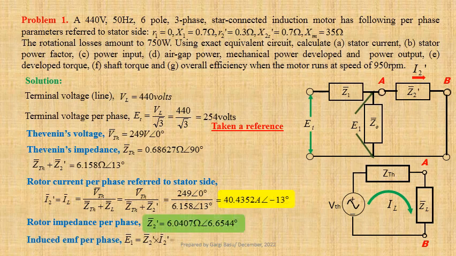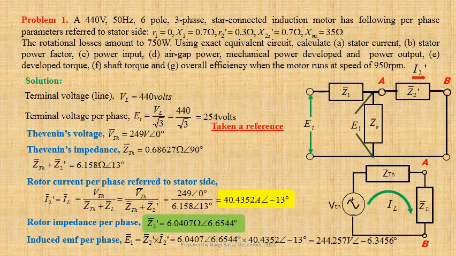Therefore, E1 equals 6.0407 at an angle 6.6544 degree into 40.4352 at an angle minus 13 degree. That gives us 244.257 volt at an angle minus 6.3456 degree.